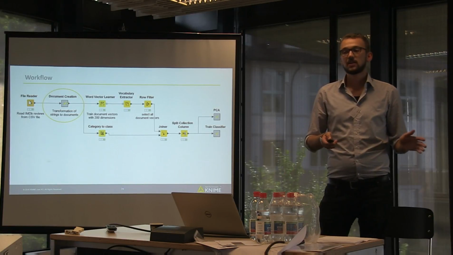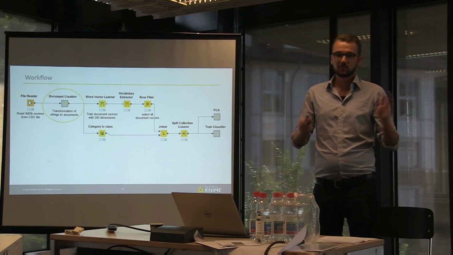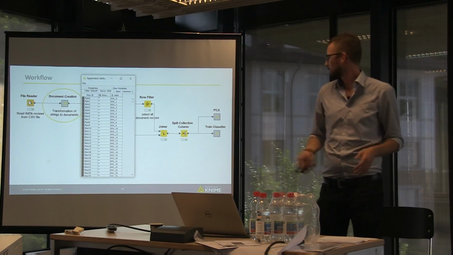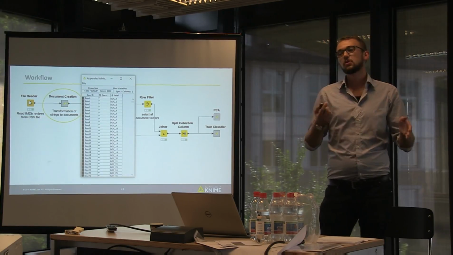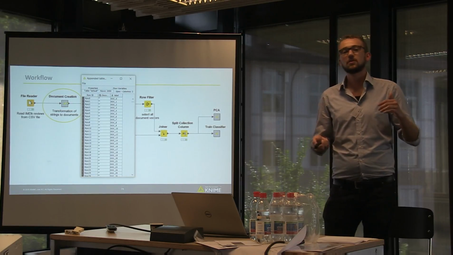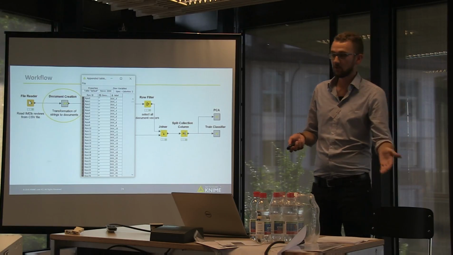Then we transform our strings into documents, which is a specific cell type. Then here we would additionally assign a unique label to each of these documents, so we can train a document to vector model.